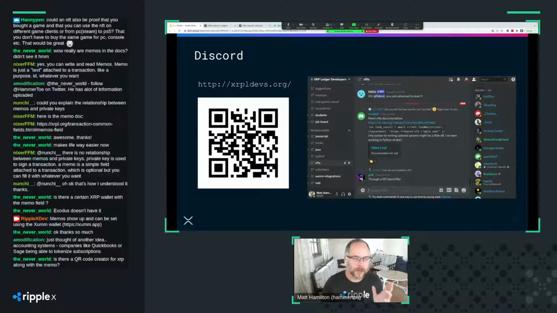So the first one is the Discord server. There's an XRP Ledger Discord server you can go to, and at the moment there are about 1,000 or so people on there. There are lots of different channels related to different programming languages, so as you can see here, JavaScript, Java, Python, for example. Things like NFTs, sidechains, integration with Sum, which is a wallet.